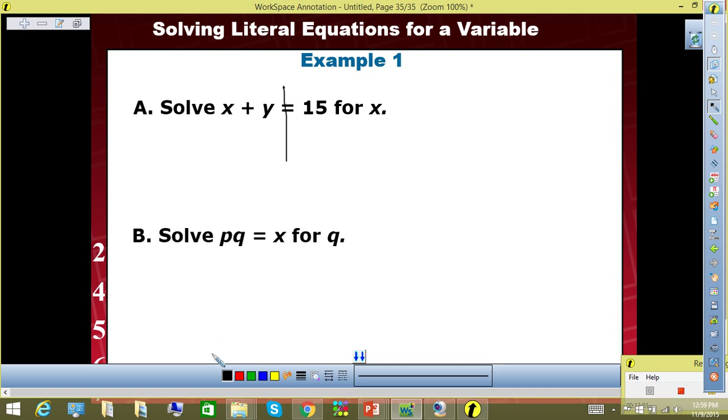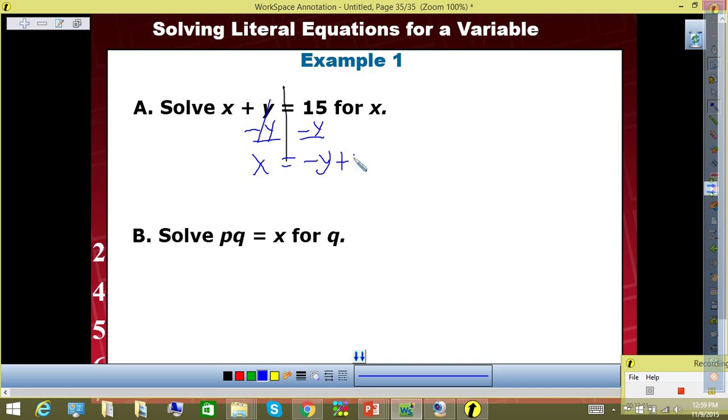I already got you started. And we're solving for x. So we need to get rid of y. Everyone, what do we do? Minus y, x equals, look up please, look how I'm going to write this. Tell your neighbor why it's in this order.